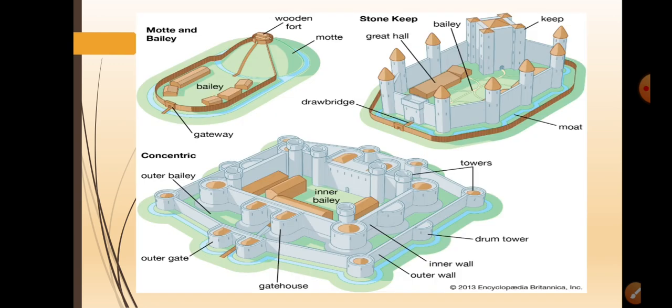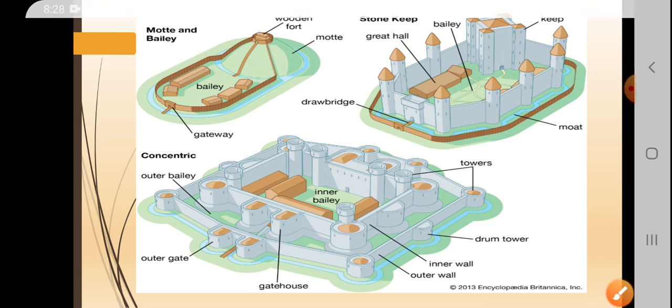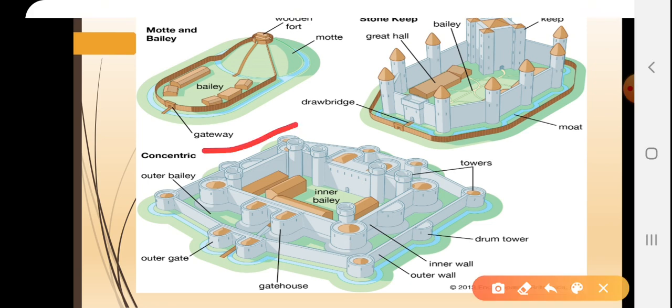I'll show you here in the next picture. So first of all, this is the Motte and Bailey. Okay, you can see this. There was a ditch, this is the moat, with the water. This ditch was dug, and then the earth that came out from this digging created the artificial hill.